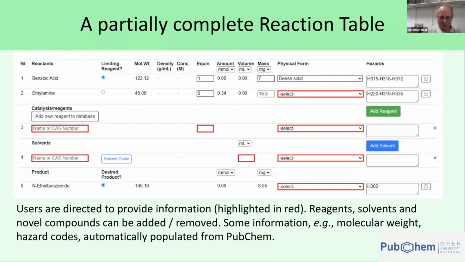Chemists like to think in equivalents, often stoichiometric equivalents, so that makes data entry easy if that's preferred. The hazard codes on the right-hand side there are pulled in from PubChem, and then the user needs to provide some data or information, including, for example, the physical form to inform the level of potential hazard.